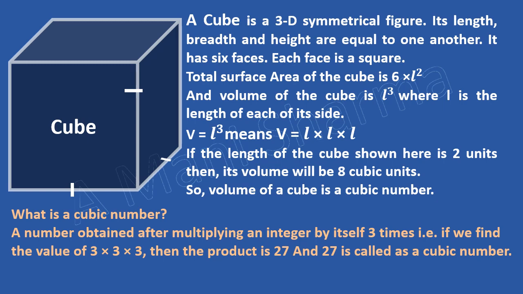That is, if we find the value of 3 into 3 into 3, then the product 27 will be a cubic number. If we multiply minus 4 into minus 4 into minus 4, then the resulting number, that is minus 64, is also a cubic number.